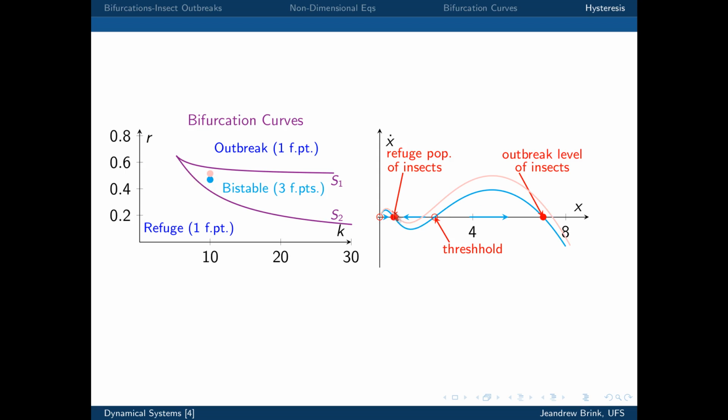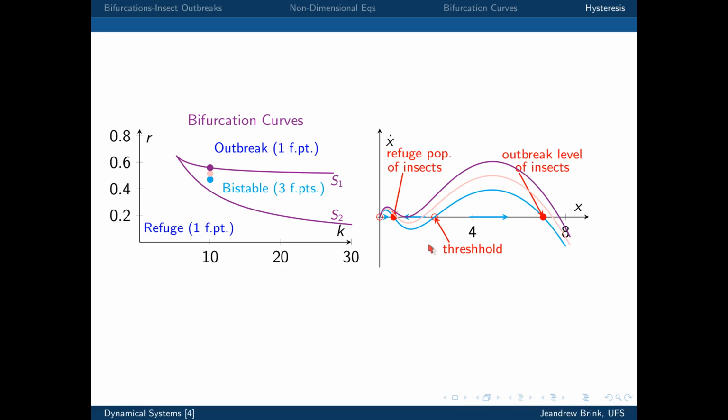You still have a refuge population of insects, you still have an outbreak population of insects, slightly better, and you still have the threshold, but the threshold has moved closer to the refuge population. So you have a smaller set of initial conditions that will lead to the refuge, and it becomes more likely for a random set of initial conditions that you'll run to the outbreak solution.